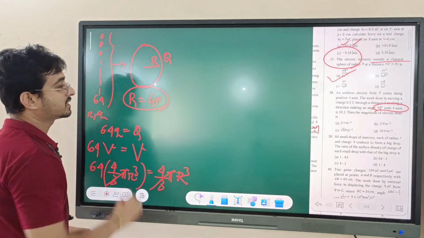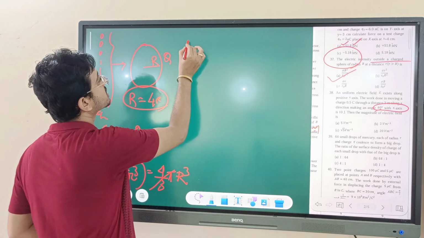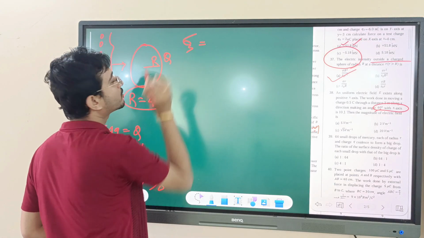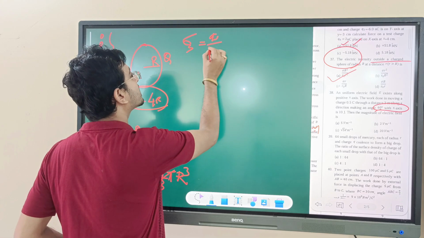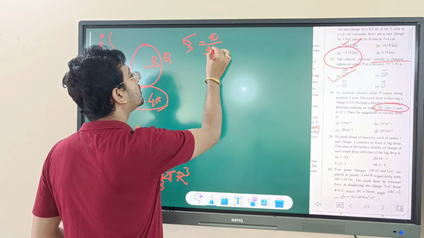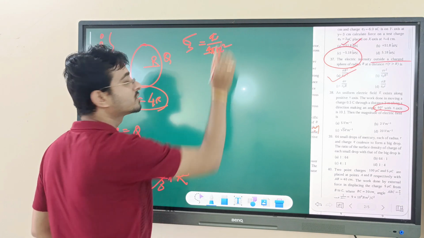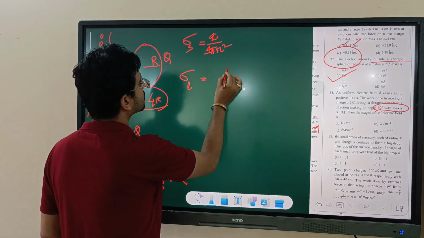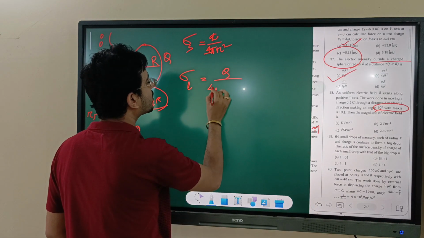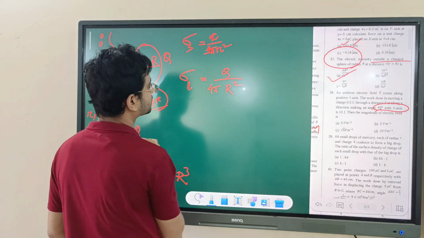Now the surface charge density. For the smaller sphere, sigma is equal to q by A, and in place of A I can write 4 pi small r square. For the larger drop, this will be Q by 4 pi capital R square.